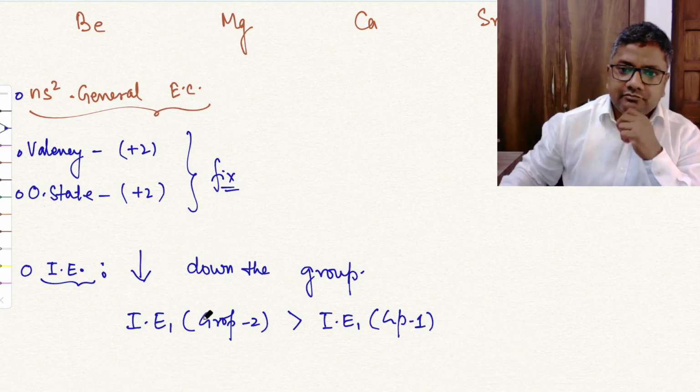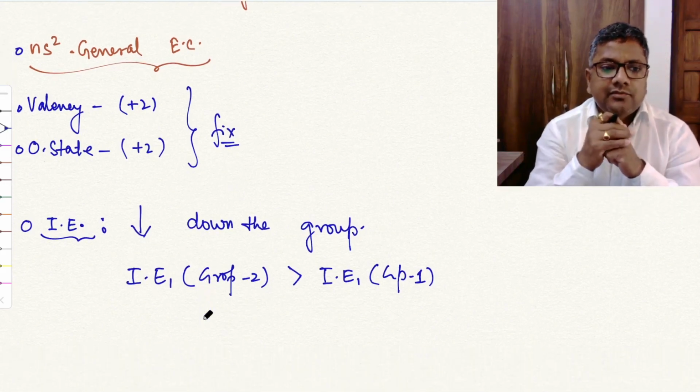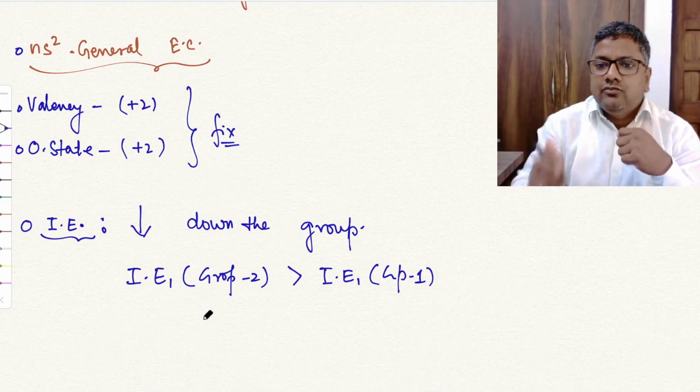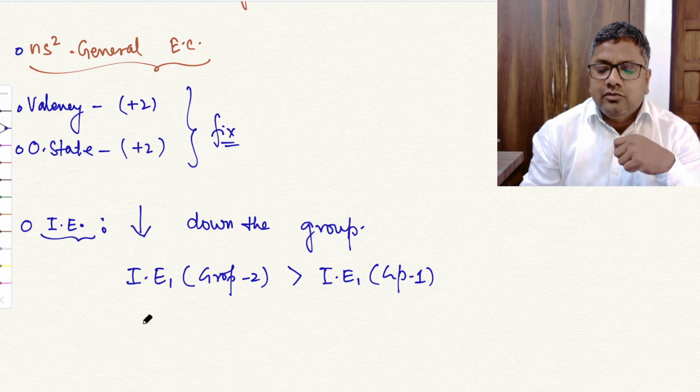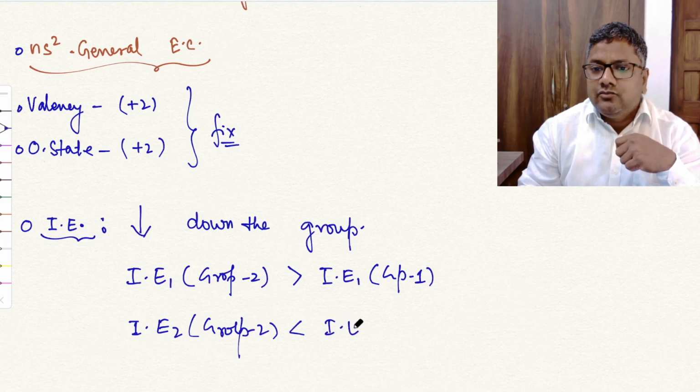It is clear. But remember, IE2 of alkali metals is much larger than IE2 of group 2. So IE2 of group 2 is less than IE2 of group 1.